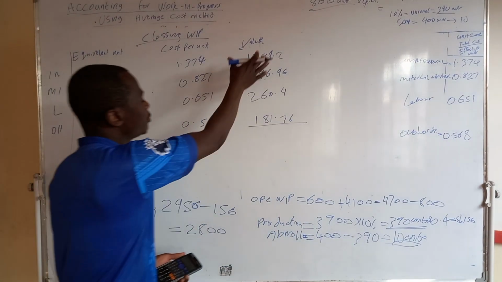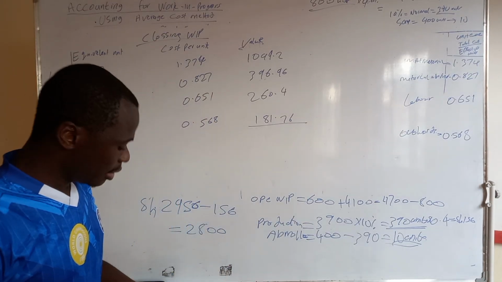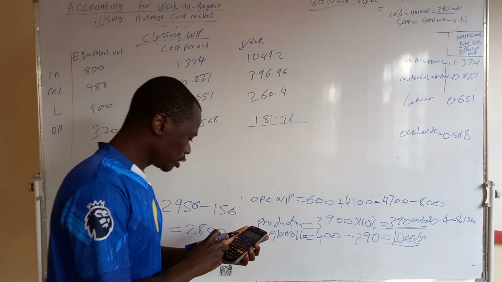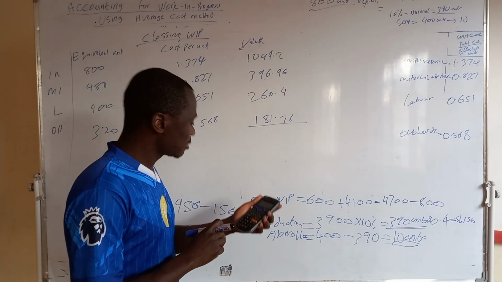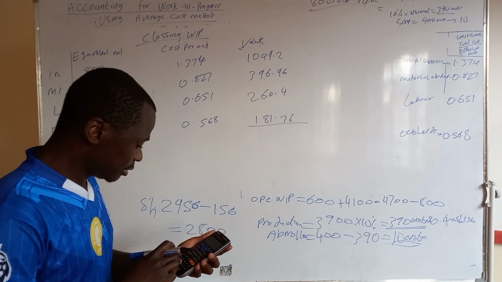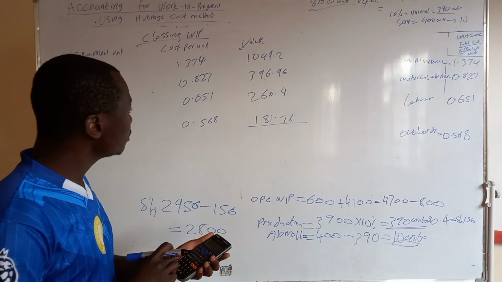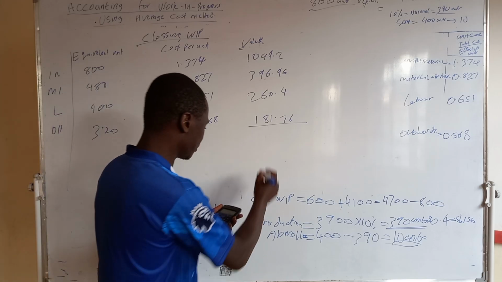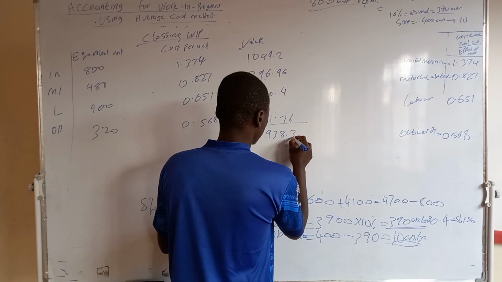Now, what is the total value? The total value will therefore be all this. That gives us closing work in progress in terms of value: 181.76 plus 260.4 plus 396.96 plus 1099.2. This gives us 1938.32.